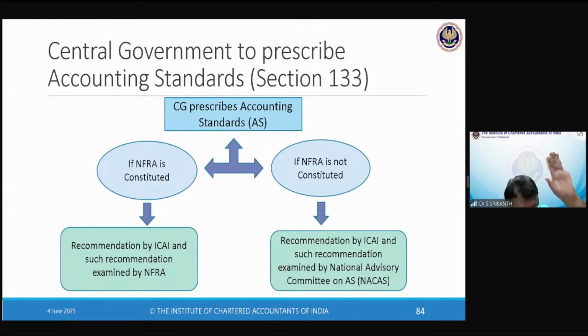Then our own ICAI Accounting Standards Board will verify. Then the Central Council will approve and make the recommendation. Then it will be given to NACAS. NACAS, an expert body, will go through it. Once NACAS is convinced everything is fine, they will give it to the central government, which will announce it. Now that NFRA has come, instead of NACAS, it will be done by NFRA.